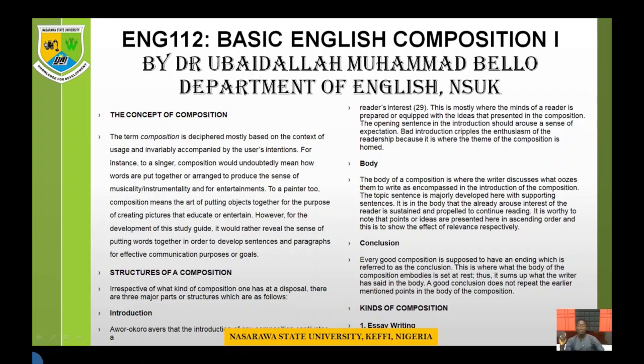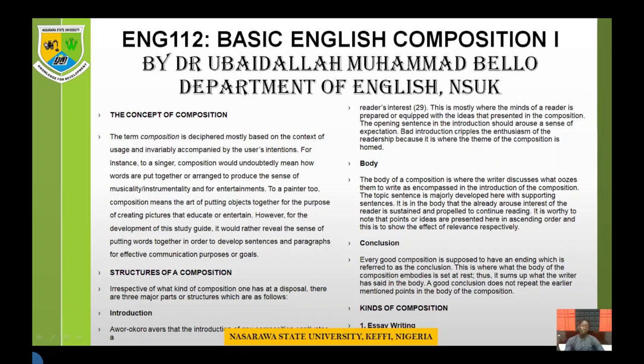So every good composition is supposed to have a very good ending, which is referred to as conclusion. It sums up what the writer has said in the body. So it's just the summation of what is explained in the body of the composition.